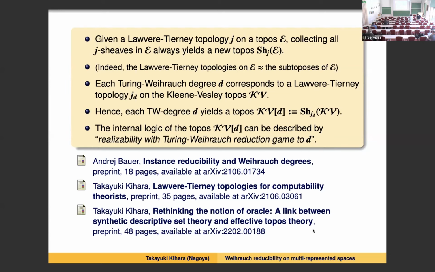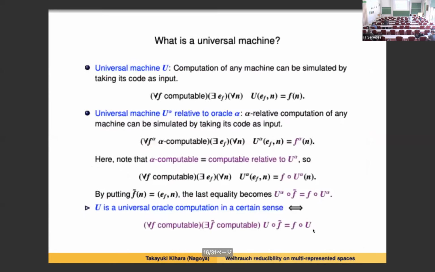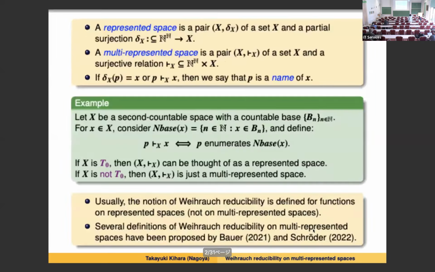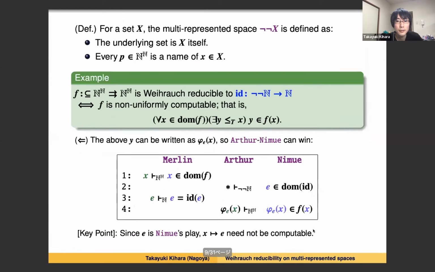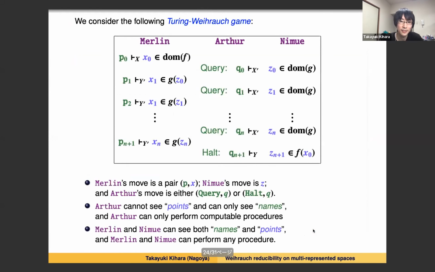Since you mentioned these Arthur-Merlin games, it wasn't clear to me: do you bound the number of interactions, or is any finite number fine? Okay, so you mean this game? In the Weihrauch game, the number of interactions is unbounded. It can be any number.